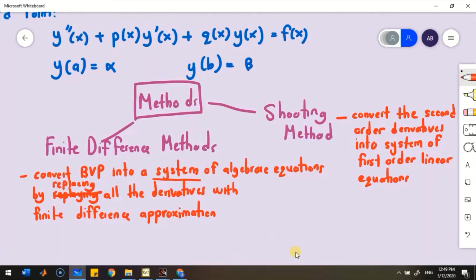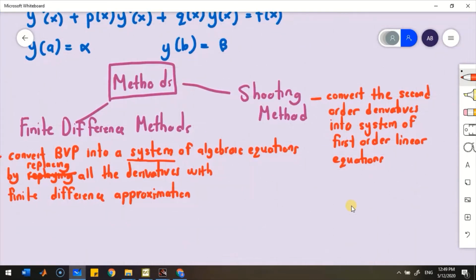So you're given a boundary value problem, it converts into a system of first order linear equations, which you will now solve using initial value problems. Once you convert it, you can use any RK method or linear multi-step method to solve, because you have an ODE initial value problem.